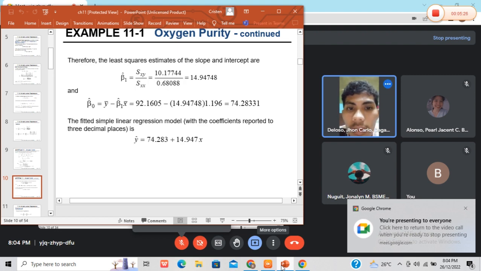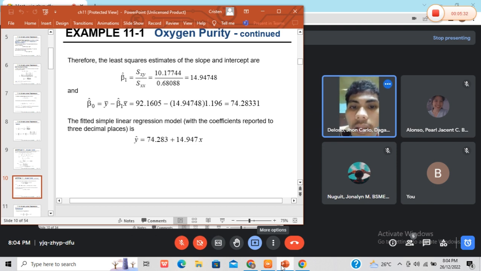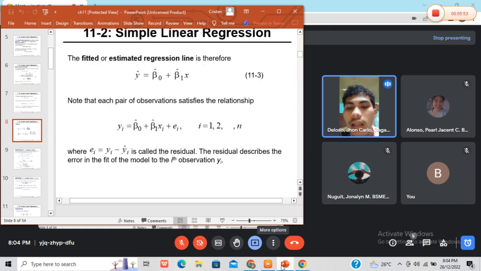And b sub 0 is equal to y bar minus b sub 1 x bar, which is equal to 92.1605 minus 14.94748 multiplied by 1.196, and we get 74.28331.